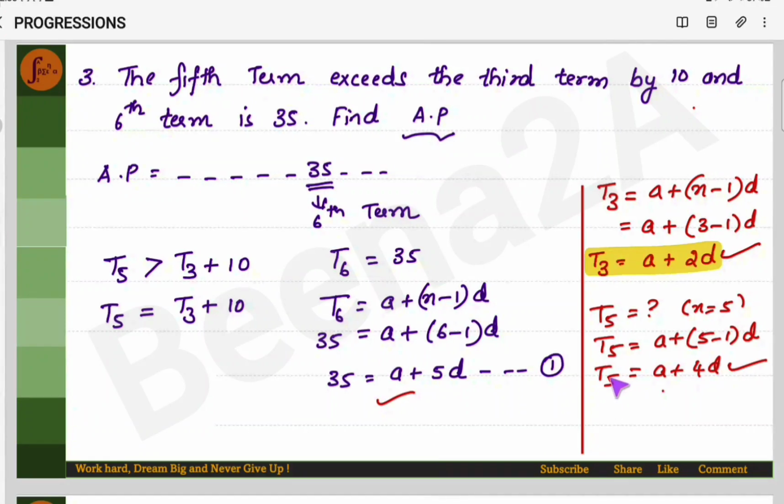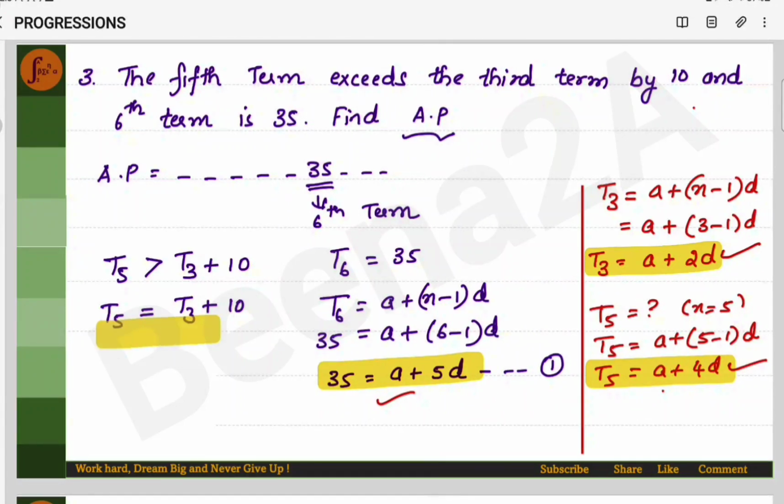Using all these three equations, we will find all the other terms. To find all the terms, what do we need? We need A and D. If we have A and D, we can easily find all the terms in this sequence. Now let's find A and D using these three equations.